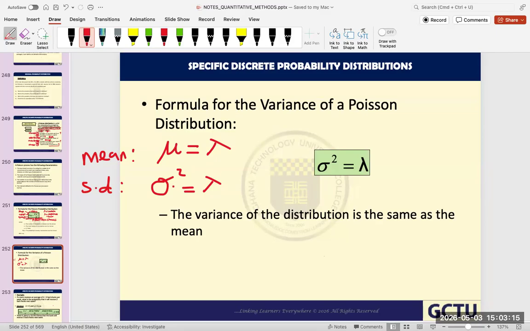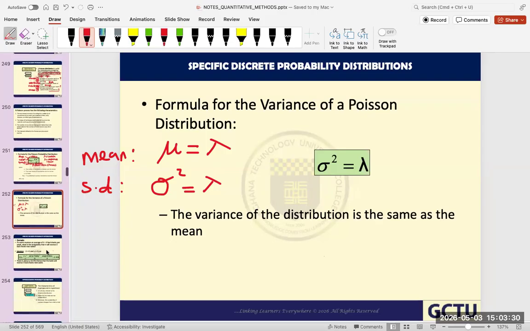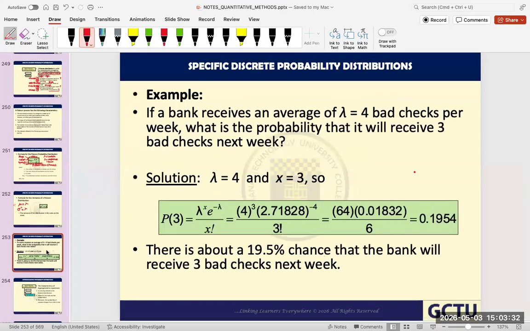The mean and the variance are the same. Let's pick an example to understand how this formula is used.